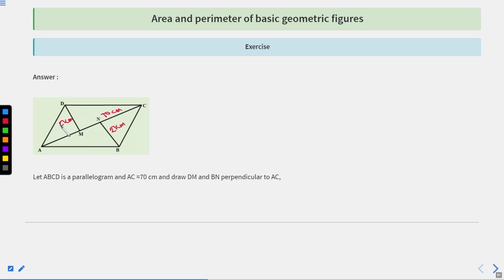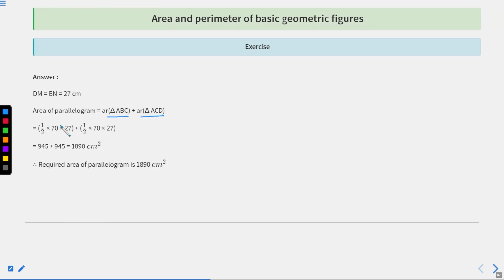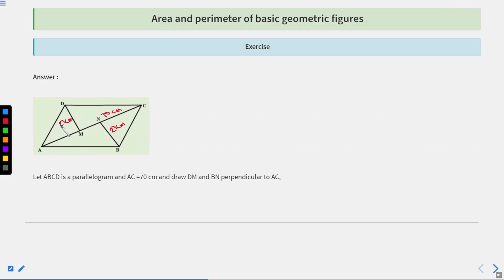Try to think. Whenever the area of a triangle comes up, you should be able to think about two formulas, that is Heron's formula and half base into height. Here, in triangle ABC, AC is the base and BN is the height. And in triangle ACD, AC is the base and DM is the height.